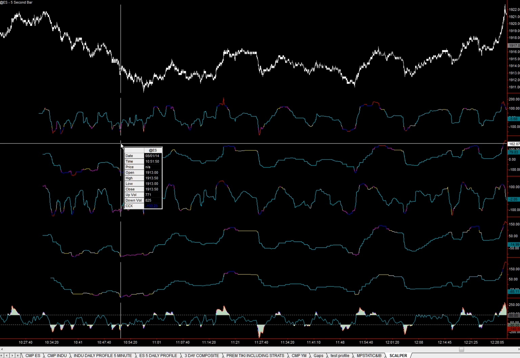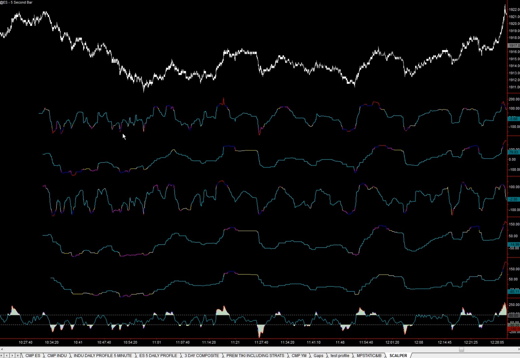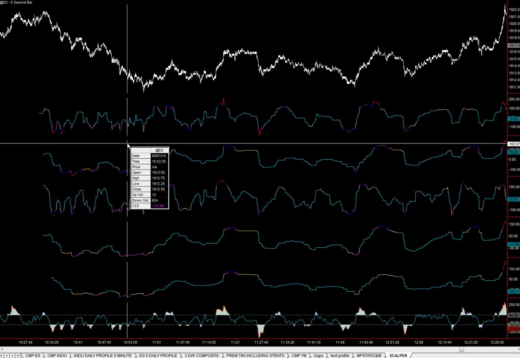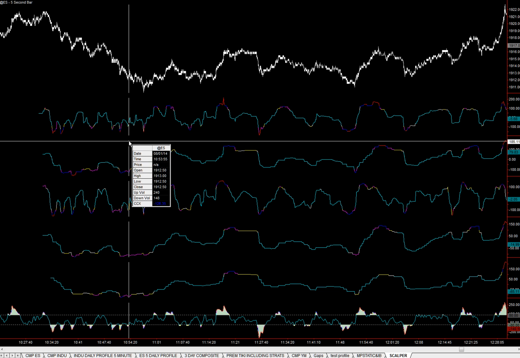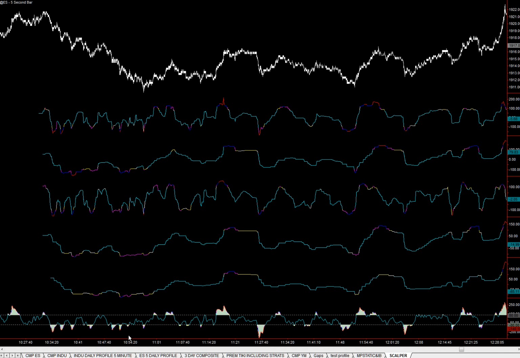Now we have another situation right in there. We have a divergence again. A higher low on the indicator, lower low on the SPOOs, as well as the fact that we are oversold on really most of these other indicators.